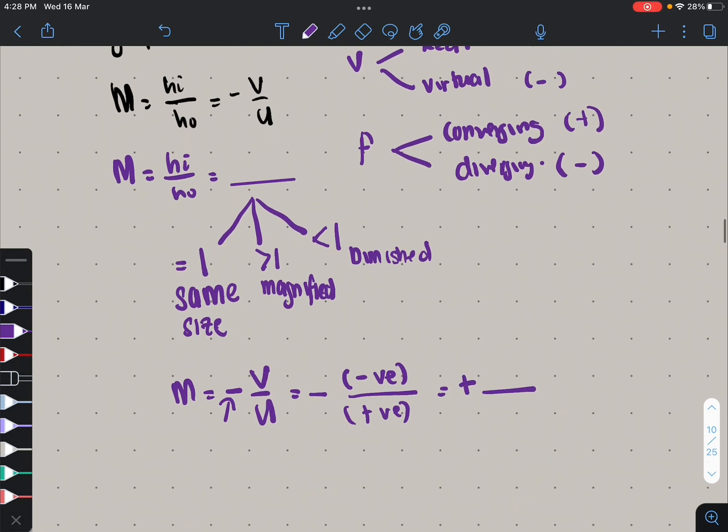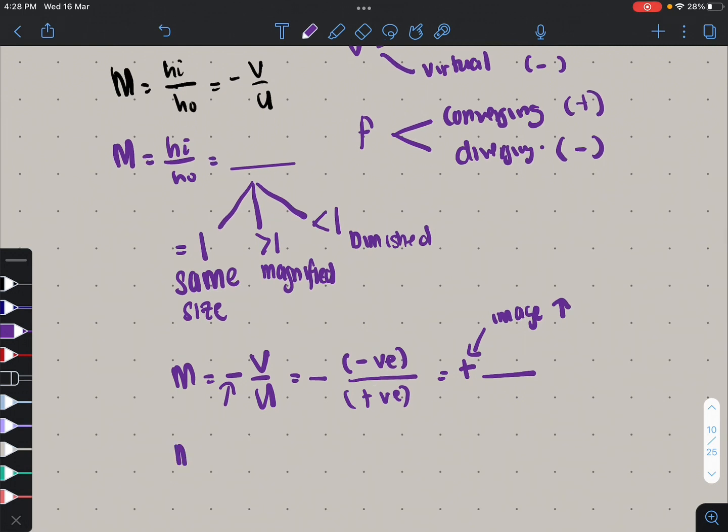Okay, positive magnification indicates the image is upright. Okay, however, kalaulah bila kita guna equation ini, kita punya image dekat sini adalah real image dan juga objek dekat sini adalah real objek. Dua-dua real, image pun real, objek pun real, kita akan dapat negative magnification here. Negative here indicates the image is inverted.